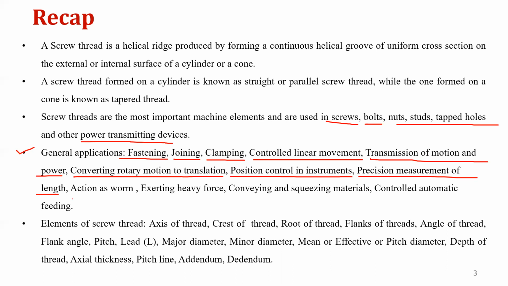We use screw threads to act as a worm, and exerting heavy force in mechanical presses. We use screw threads for conveying and squeezing of materials, like plastic injection molding machines and screw conveyors. And in mass production, we use screw threads for automatically feeding the work into the machine.